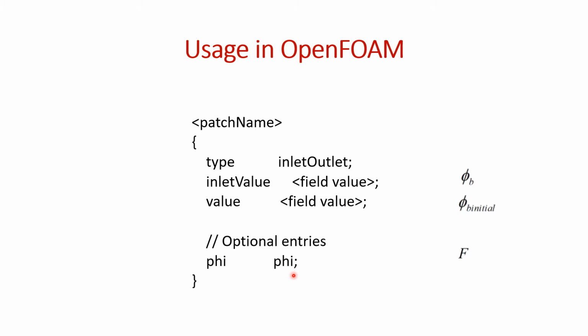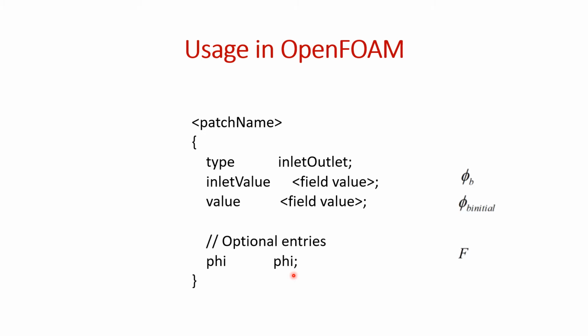So what is phi? Phi is nothing but the mass flux or volumetric flux. Don't get confused by this term phi, because till now in all our boundary conditions we have used phi as a variable. But if you remember, in the zero gradient boundary condition video, while discussing discretization, I told you at the end that f is the flux.